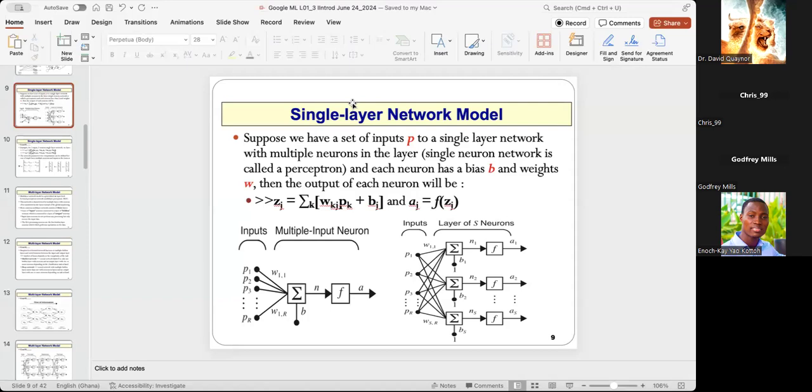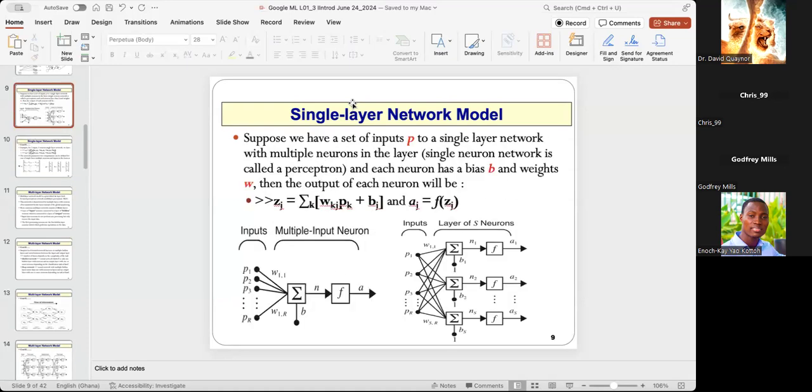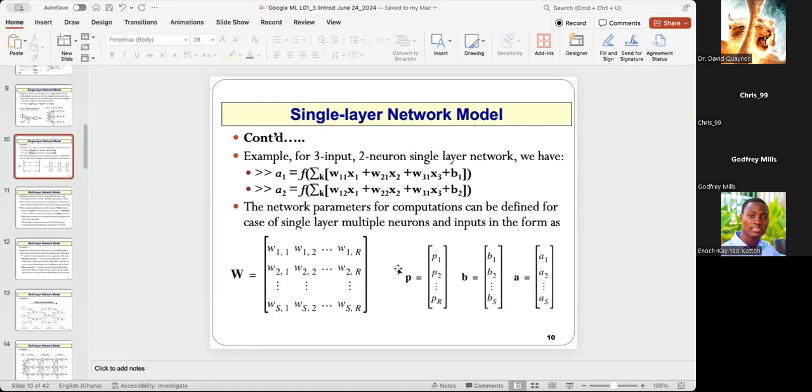So at least we are done with that, that's an idea of how this thing works. In terms of what I was sharing with you, this is just the single layer, but multiple input. This is an equation that each neuron will perform.